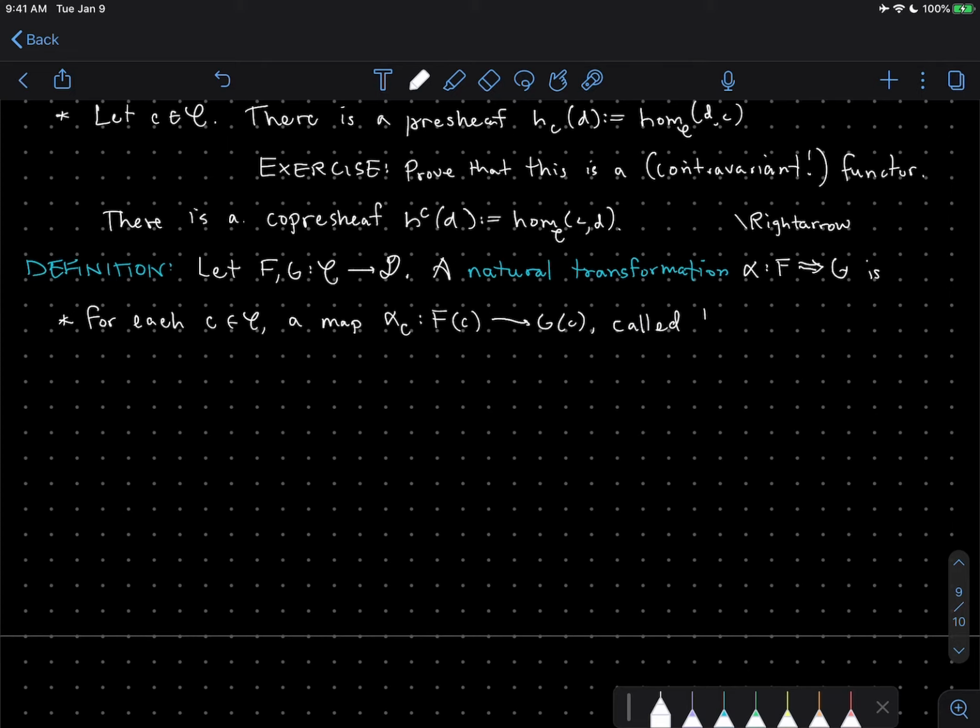And this is called the component of alpha at c. So those are all the data.